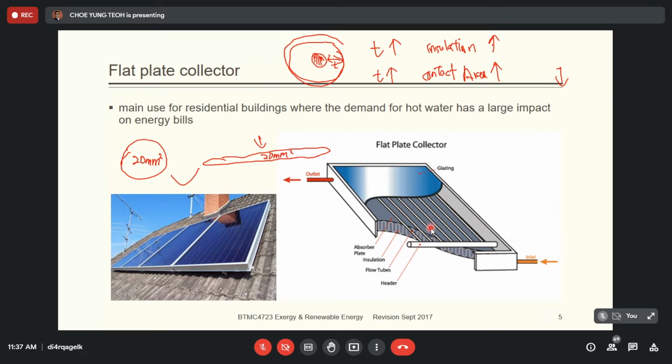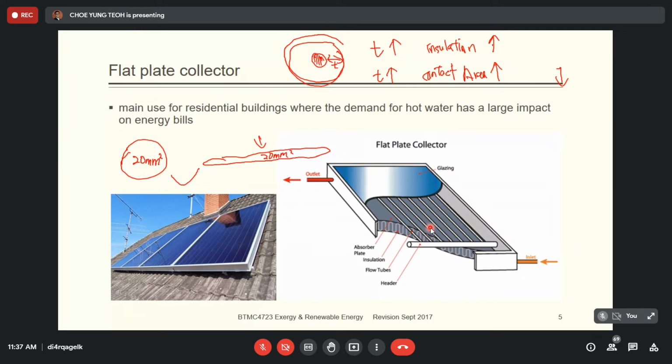But in a cooler climate country, maybe the surrounding temperature can drop below 0 degrees Celsius. Then we cannot use water, because water will actually freeze inside the tube. Of course, it can damage the tube, and you also will block the water from flowing.